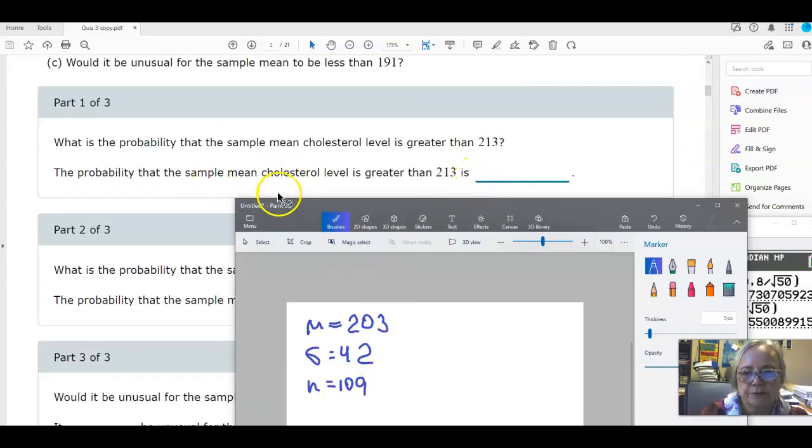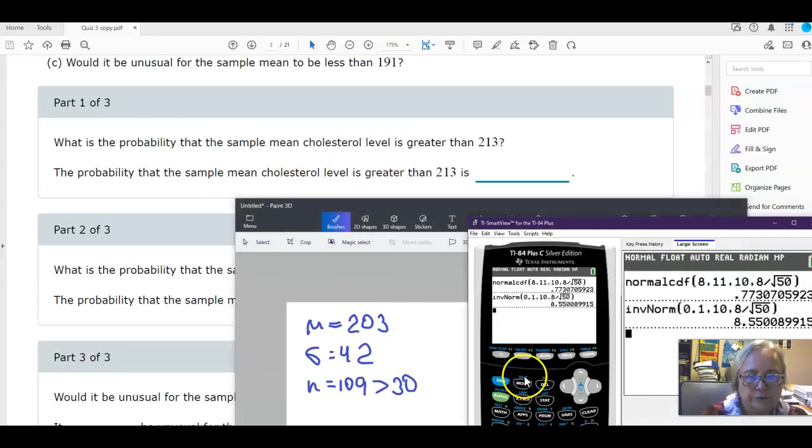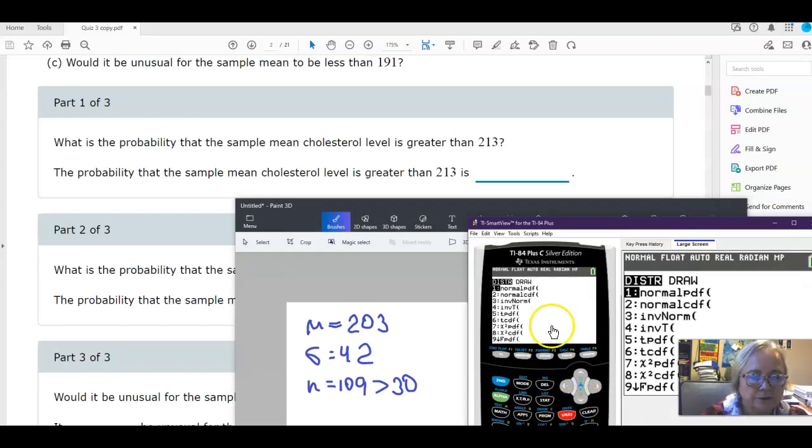What is the probability that the sample mean cholesterol level is greater than 213? Since the sample size is large, greater than 30, we can apply again the normal CDF command. So we're going to use normal CDF, 2nd VARS, option 2.